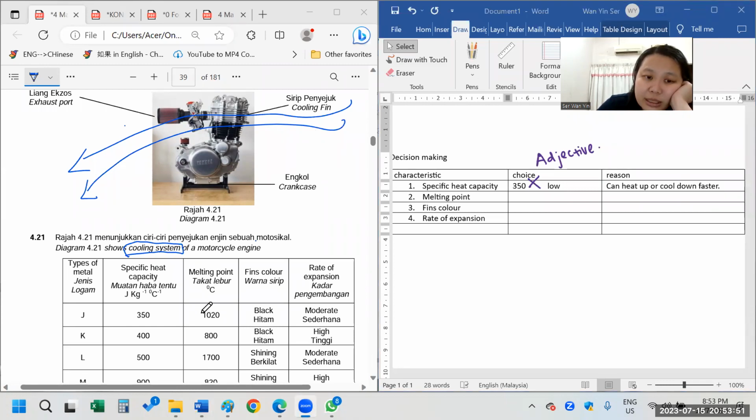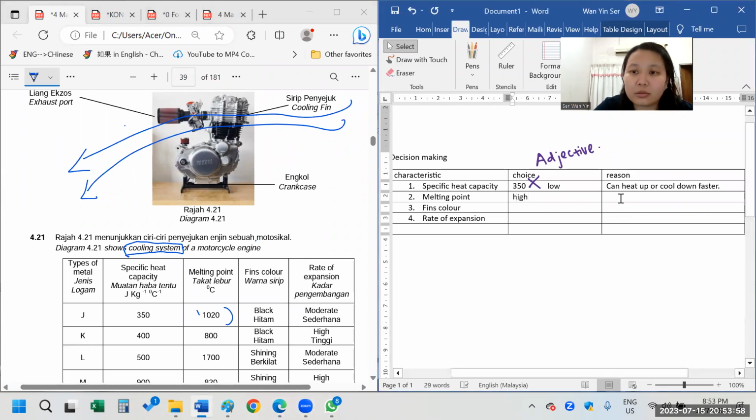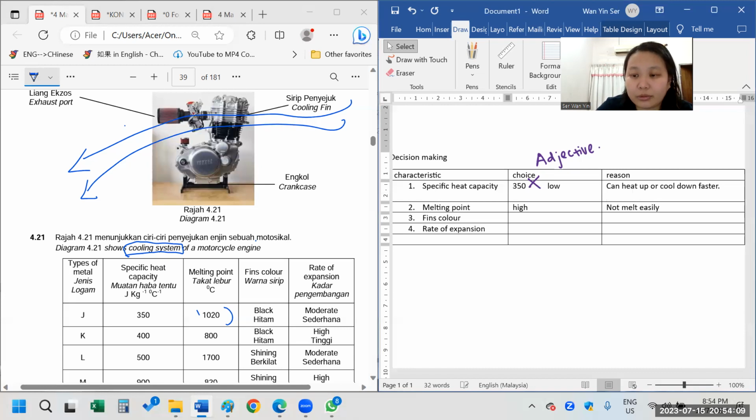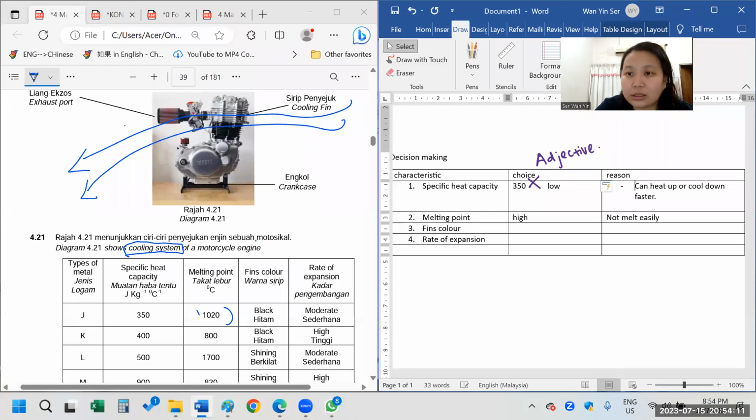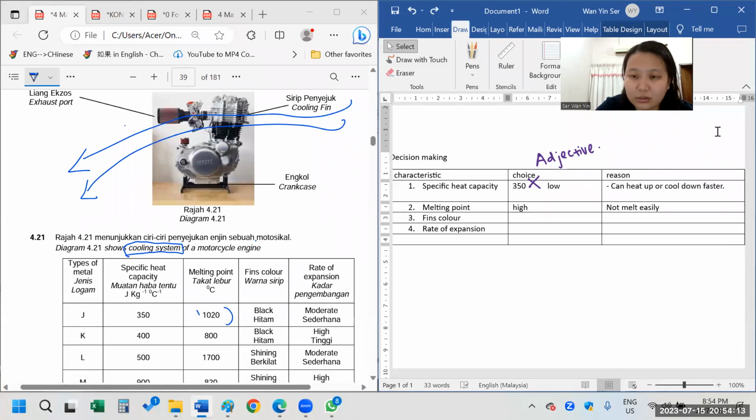Alright, so now melting point should be high. Why high? So that not melt easily. Okay, then I encourage you to write one more reason. This is can heat up faster. One more can say temperature we copy here.